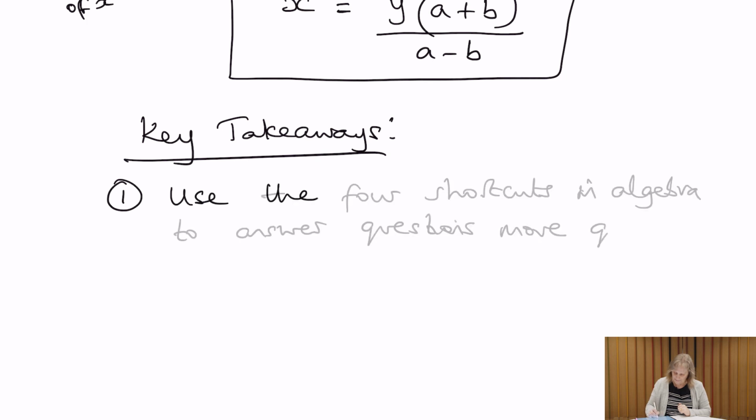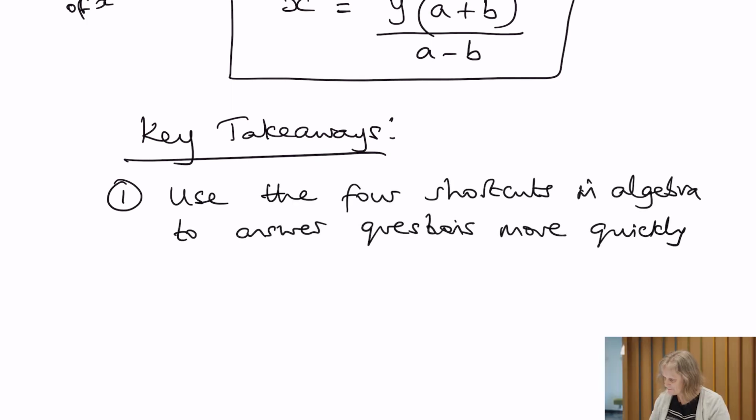Those are really useful tools to pick up speed on doing these types of questions. And the other takeaway is whatever you're isolating or solving for, always keep that variable on the left-hand side, have your equals, and then all the relevant terms on the right-hand side. And swap them around as you need to give your final answer there.